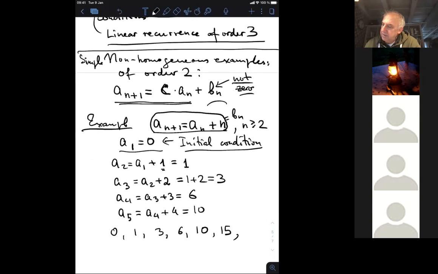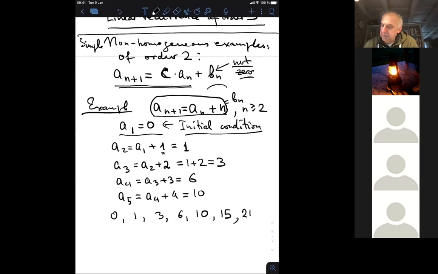Do you recognize this sequence? The next one would be 21. Do you have a guess what this should be? The guess is that a n is actually n choose 2, which is n times n minus 1, over 2.